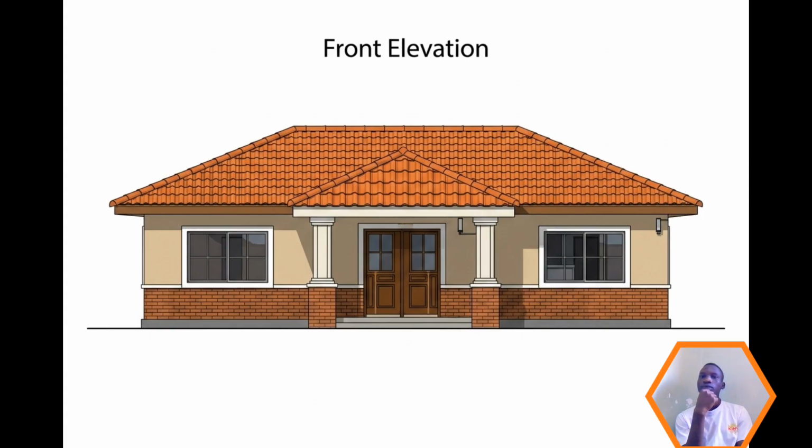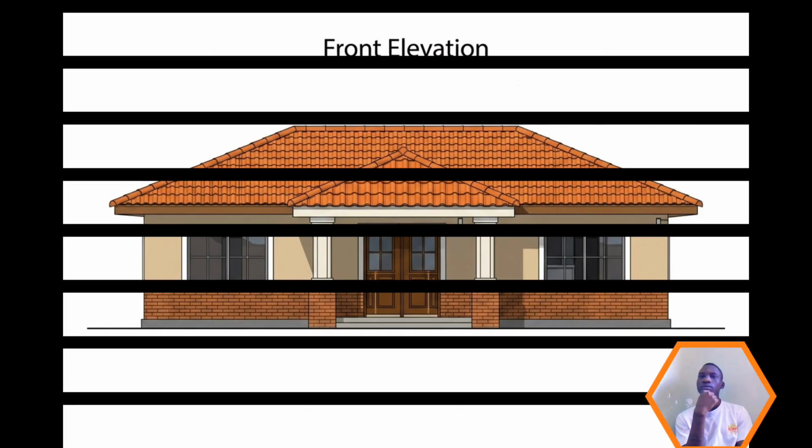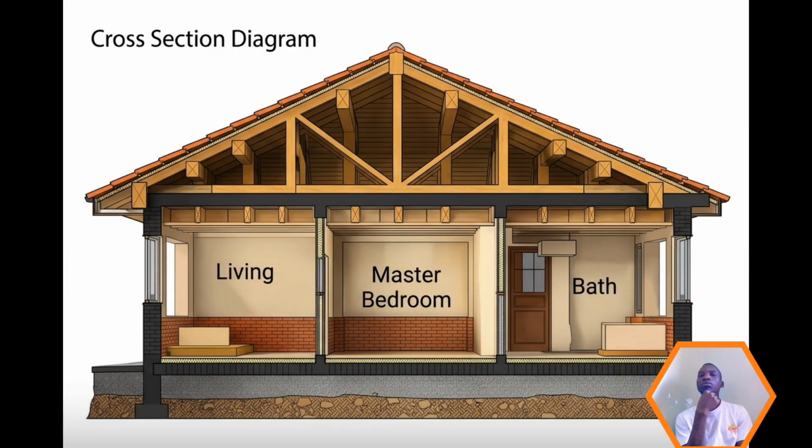So moving on to the last thing, we're having the cross section diagram. Today we're having a vertical cross section diagram of the building. Like I told you earlier, a cross section is a cutting that can be taken either vertically or horizontally.